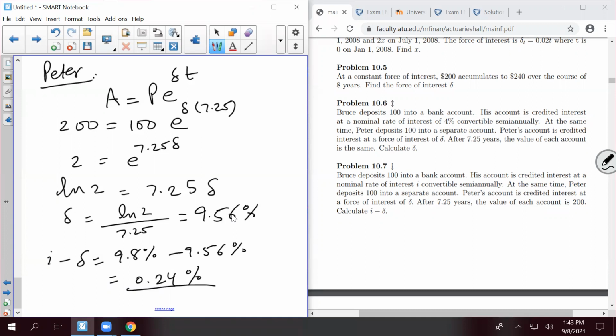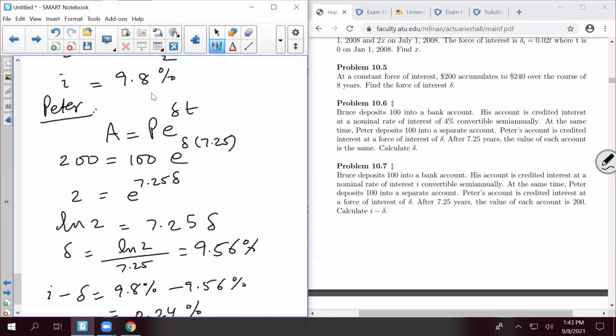So if more compounding happens, then a lower interest rate actually matches a higher one with less compounding. So the 9.56 is happening all the time, continuous compounding, throughout the 7.25 years, whereas the 9.8 was happening only twice a year. And so basically, even though I'm 0.24 less than your rate of 9.8%, I'm still going to catch up after this many years.